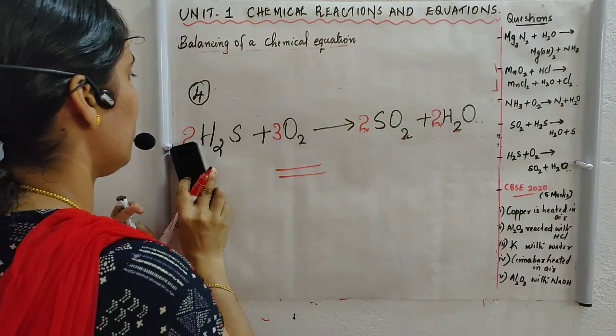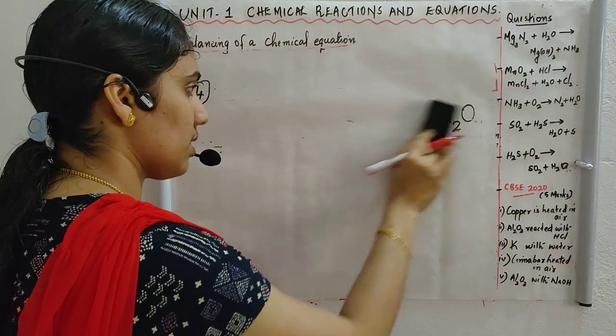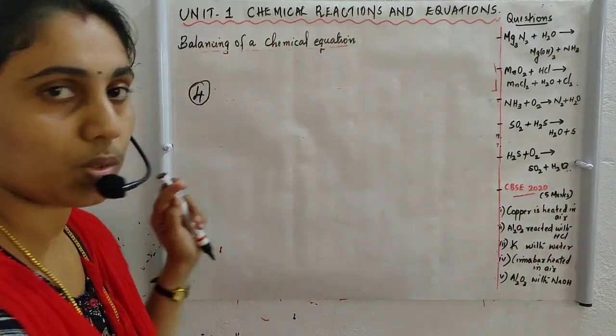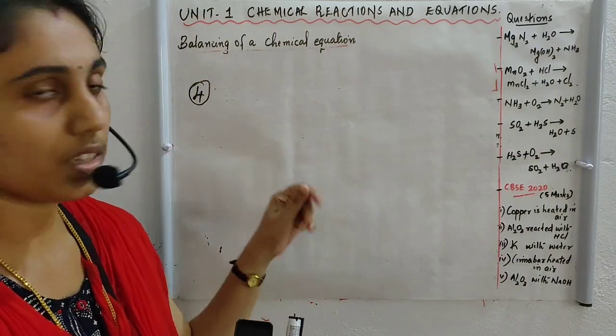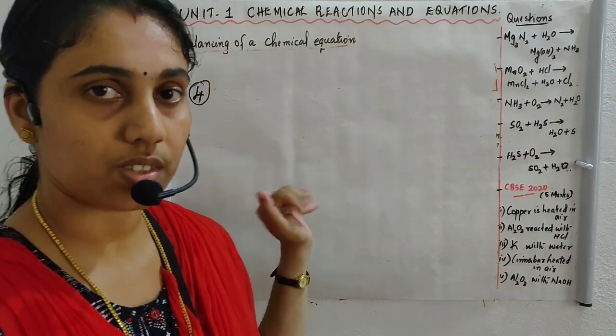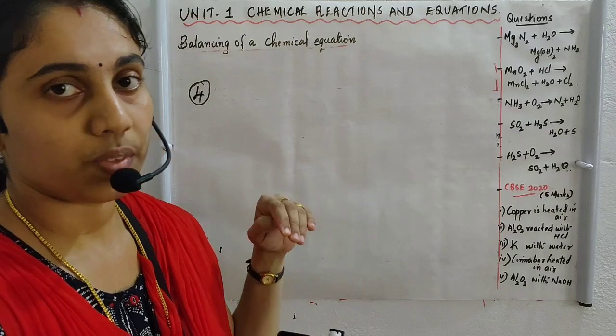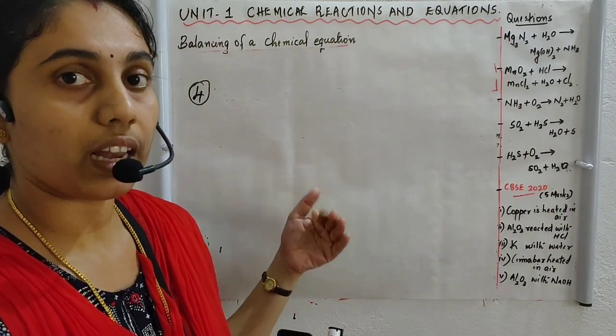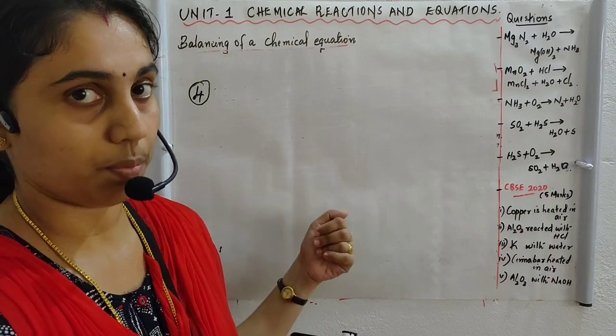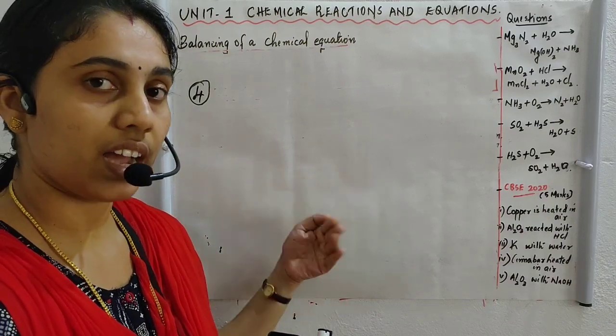Then next question. This year, that is CBSE 2020, how this question is asked. In the 2020 question paper, a 5-mark question is asked like this: Complete the reaction and balance the same. So 5 reactions are given.